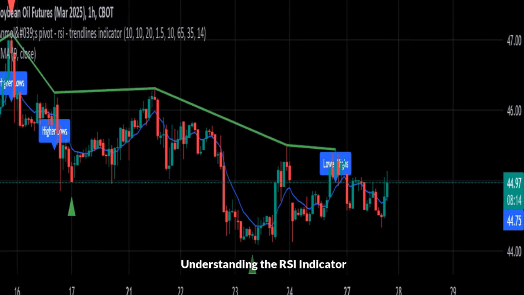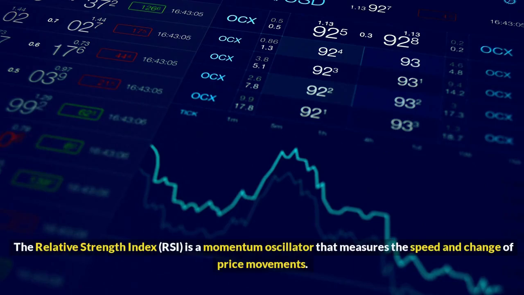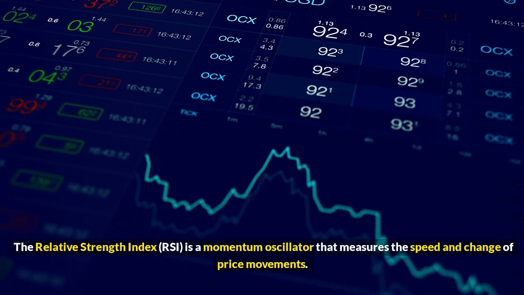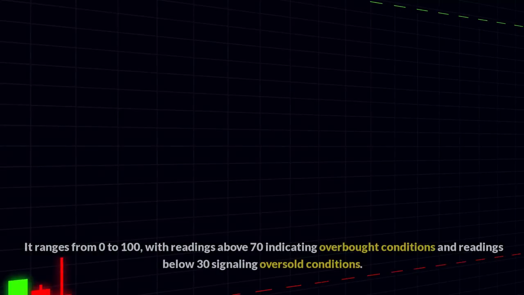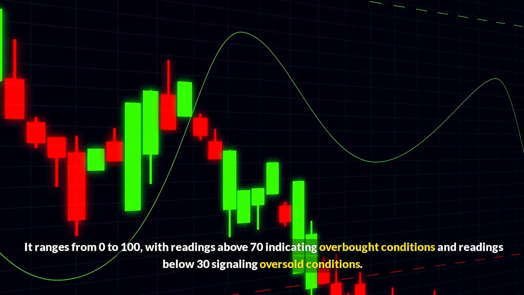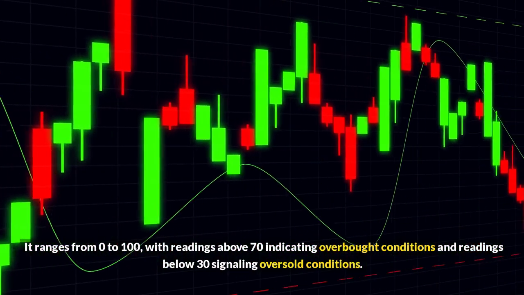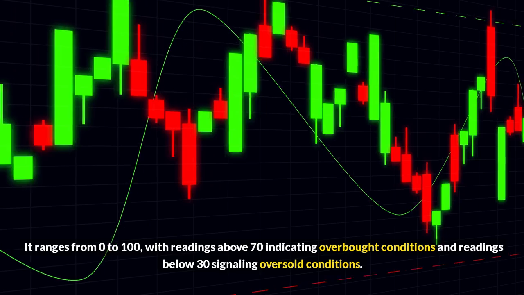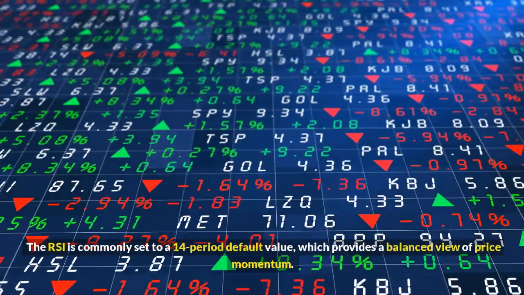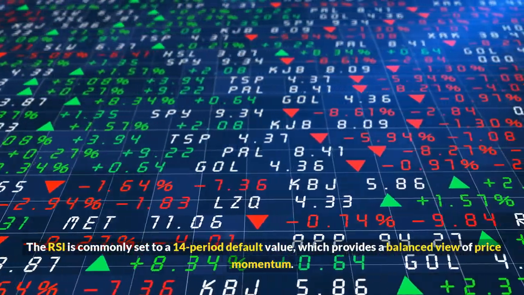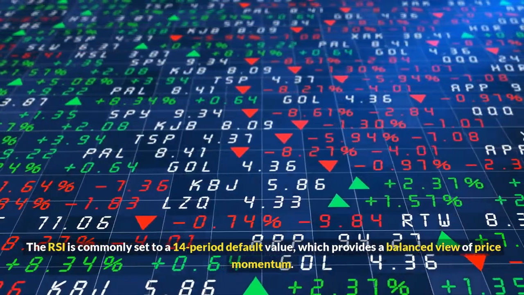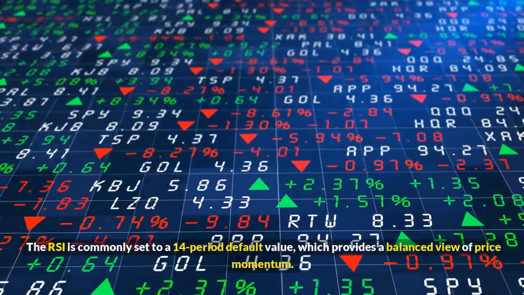Understanding the RSI indicator. The Relative Strength Index, RSI, is a momentum oscillator that measures the speed and change of price movements. It ranges from 0 to 100, with readings above 70 indicating overbought conditions and readings below 30 signaling oversold conditions. The RSI is commonly set to a 14-period default value, which provides a balanced view of price momentum.